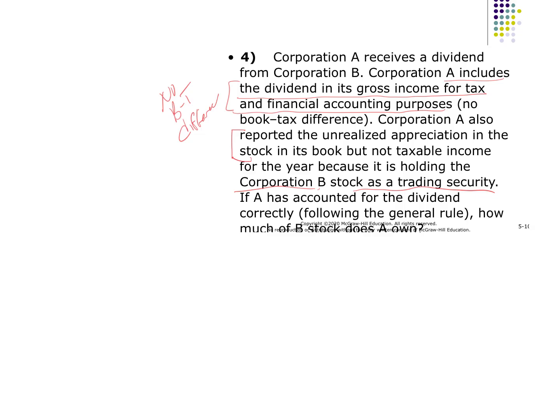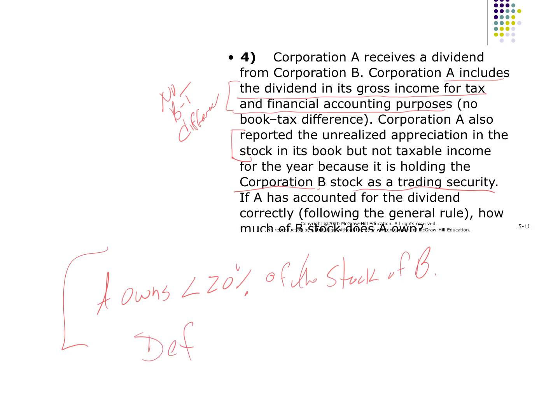The answer is that A owns less than 20% of the stock of B. This is right out of the definitions of how to account for dividends.